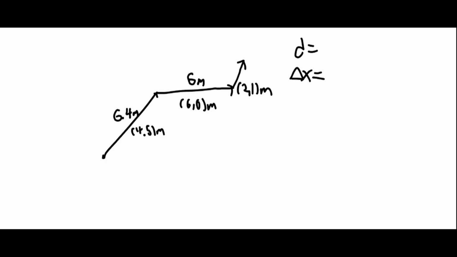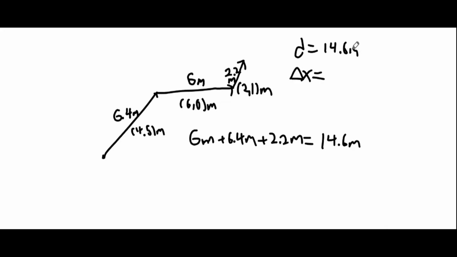And then for this other one, we get 2.23 meters. We're just going to say 2.2. So we add all those together, 6 meters plus 6.4 meters plus 2.2 meters is going to be 14.6 meters. And that is our distance traveled.